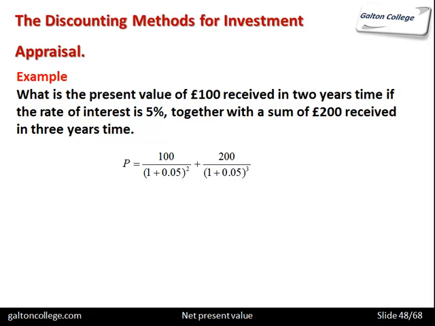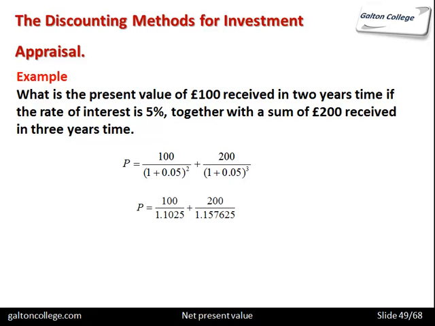I receive £100 in 2 years' time, so I discount that at 5%. I'm also going to get £200 in 3 years' time, so I discount that at 5% as well. So I need to calculate this, and I know what it's worth today.